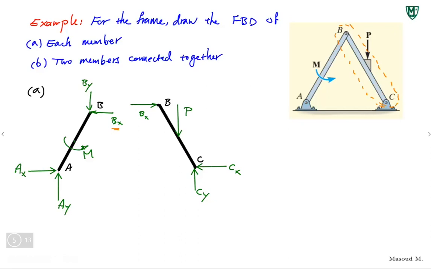So that gives me this one, BX, and this vertical one, BY. They have the same magnitude as BX and BY on the other member, but in opposite direction.